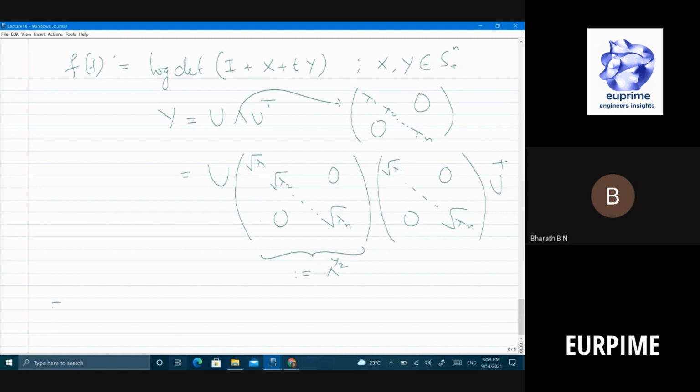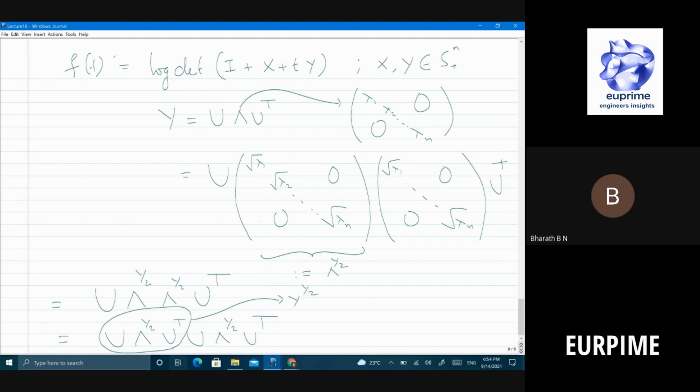So now this becomes u lambda power half u transpose. But I can also write this as u lambda power half u transpose u lambda power half u transpose. Why is this true? Because u transpose u is identity. Now I will call this matrix y power half.